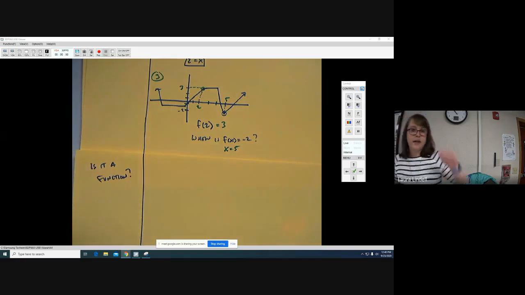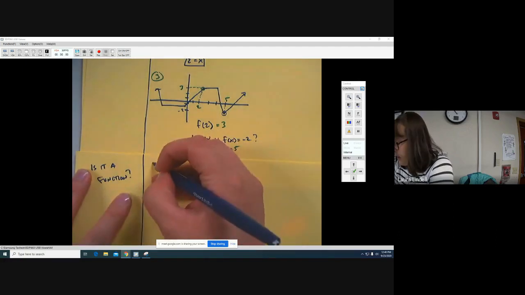All right, there was a test to determine if a graph was a function or not. Does anyone remember what that test was called? Probably been a while. It was something to do with a line. Yeah, Asher's got it. Vertical line test. Yes, that is how we determine if a graph is a function, just by visually looking at things.